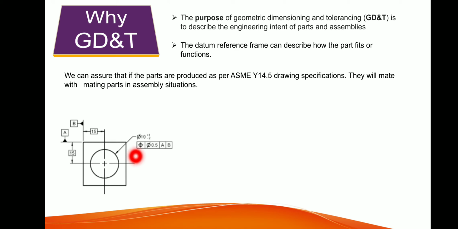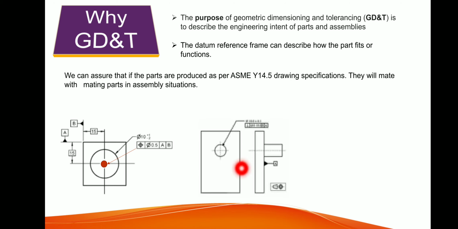Here, in this example, this is a feature control frame. It shows the position of this hole of dia 10 with tolerance plus 1 and minus 2. It says that the axis of this hole should be positioned within a circular dia of 0.5 with respect to datum A and datum B. Here in the next figure, this feature control frame shows the location of this shaft.